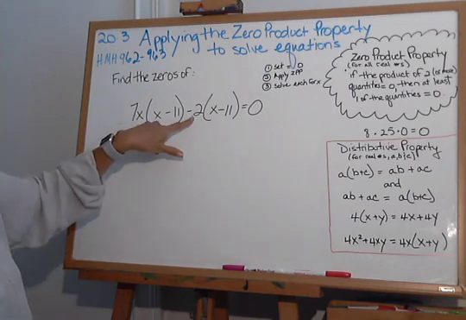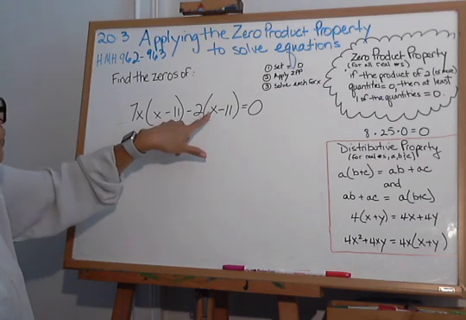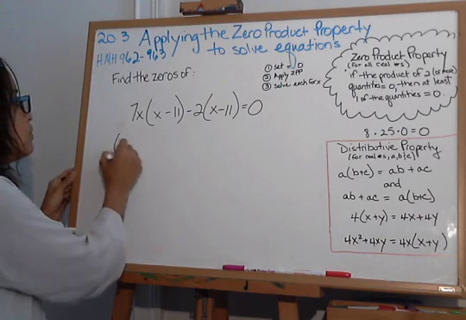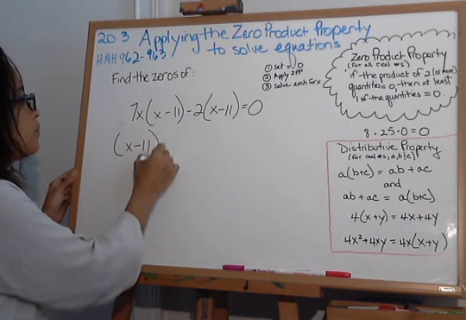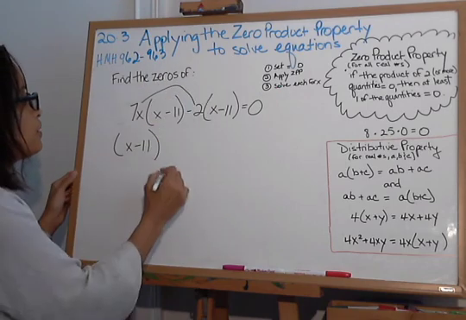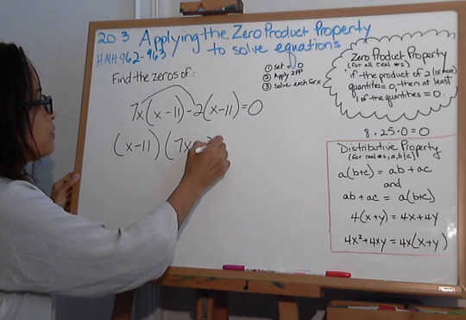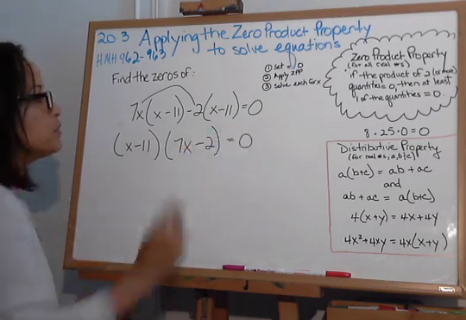I need to remove this factor out of the way. I have this factor in both of these terms. I'm going to remove it, minus 11, and what I'm left with are these two terms, 7x minus 2. Now, all equal to 0, of course.